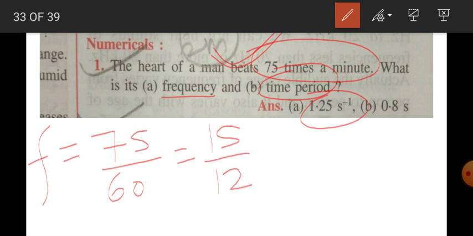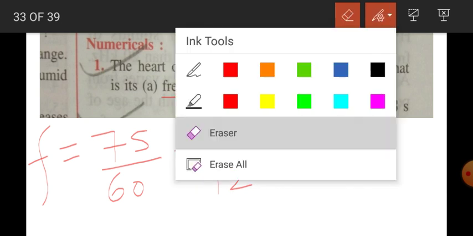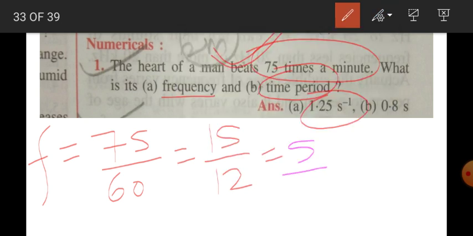Now dividing further, it will not divide by 5, it will divide by 3. 3 fives are 15, 3 fours are 12. So this should be 1.25 per second, or else you can write 1.25 hertz.